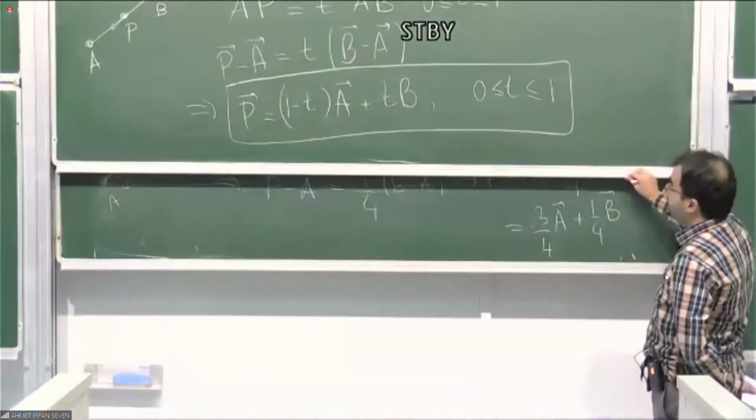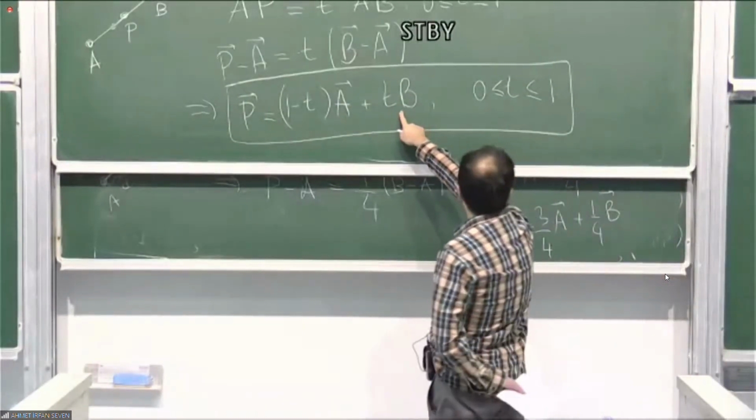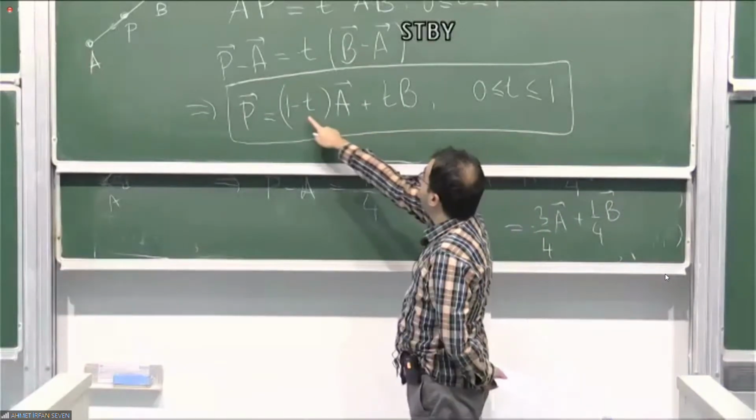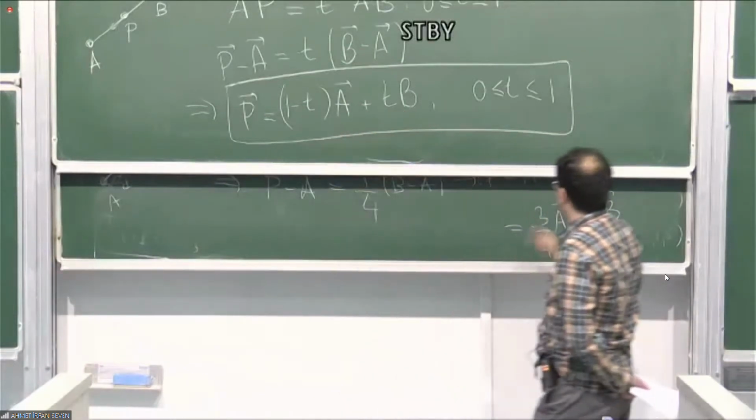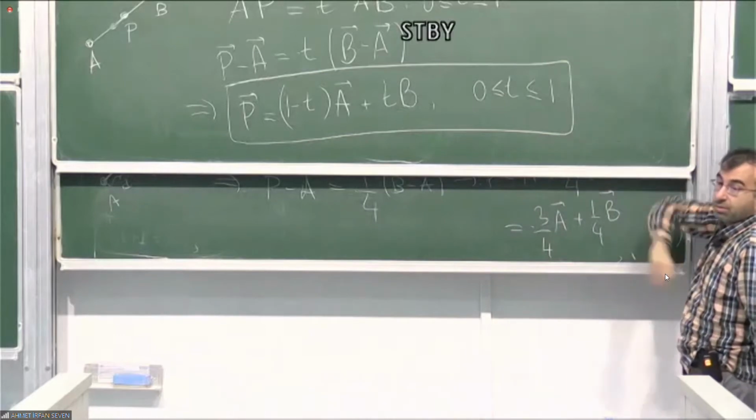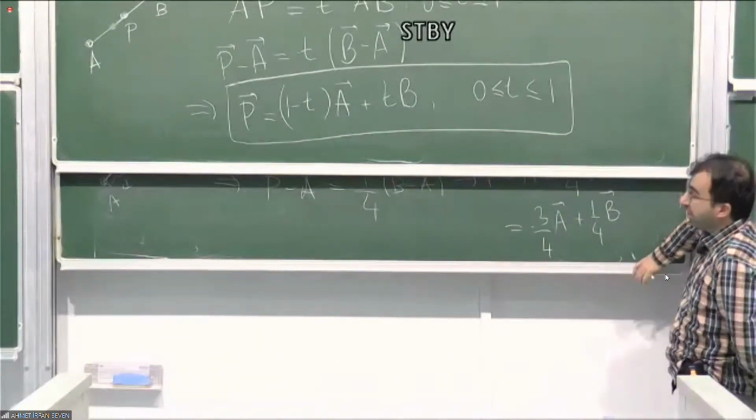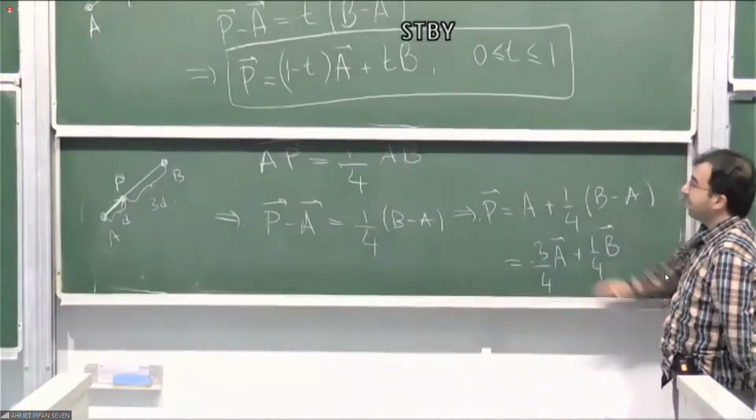Similar to this one. So T is 1 over 4. 1 minus T is 3 over 4. But I did not need to remember this formula. So I just derived it here myself.